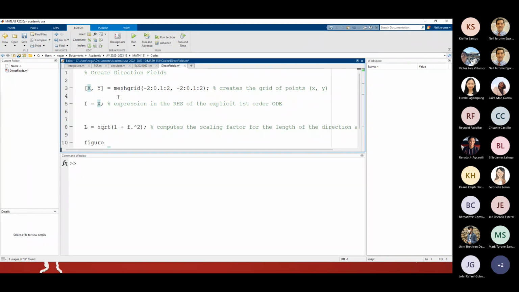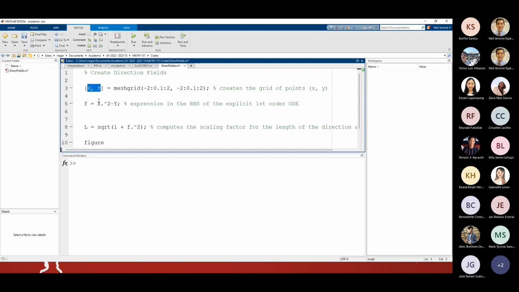Ang syntax na gagamitin natin ay dot, caret, ito yung x squared. So, kailangan mag-insert ng dot bago yung raised to the second power. Alright? Minus the vector y. Capital yung ginagamit ko kasi capital X and Y yung pinangalan natin dun sa mesh grid.